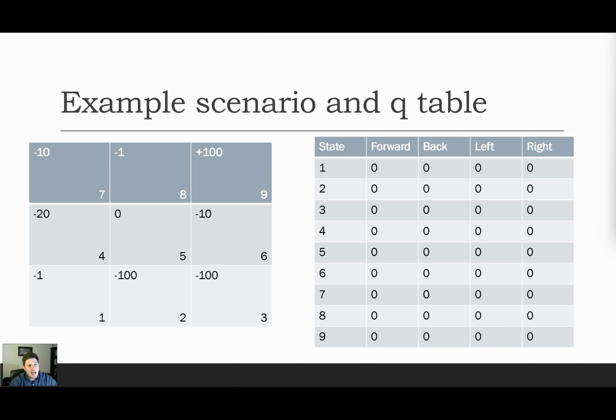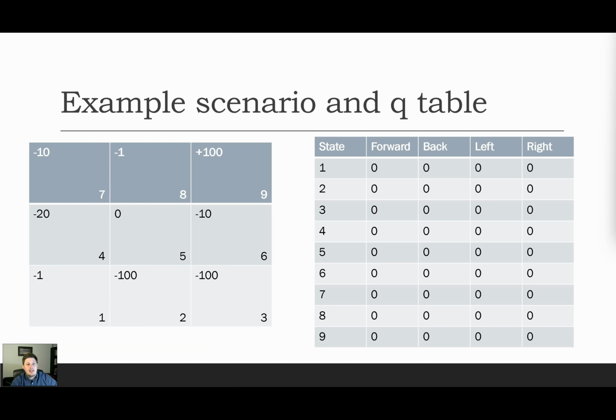Now that I've got the states, the actions that I can take, and the rewards for those actions, I can start setting up my Q table. If you look to the right, you can see every single action that I can take: forward, back, left, and right, and then the states, in this case the names of the squares that can be found in the bottom right corner, 1 through 9.